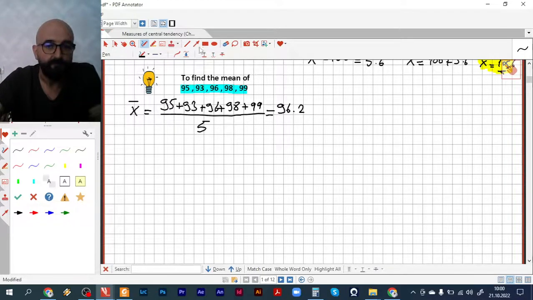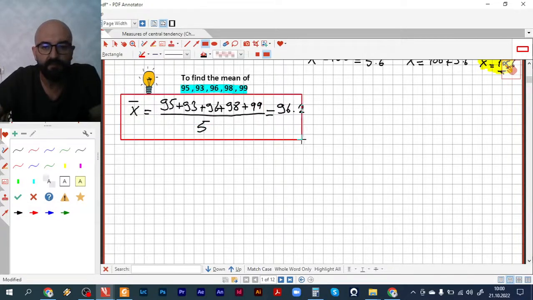Excuse me. This result stays here, and I want to compute it differently.